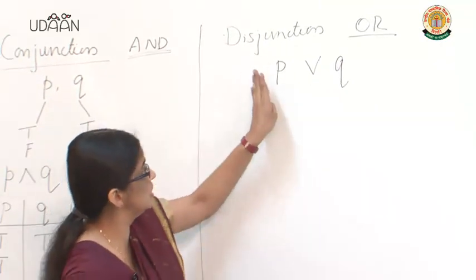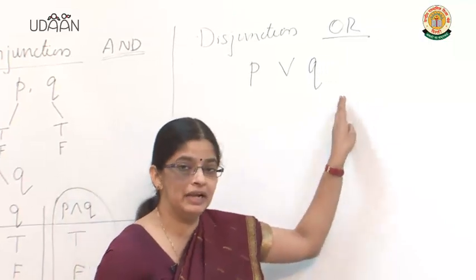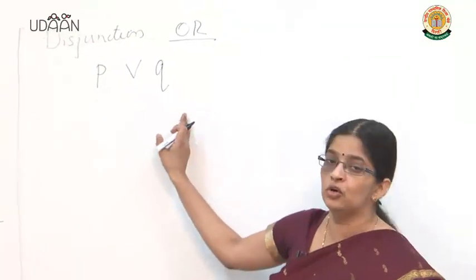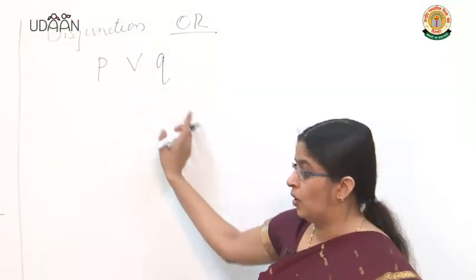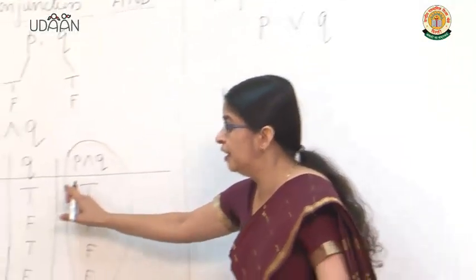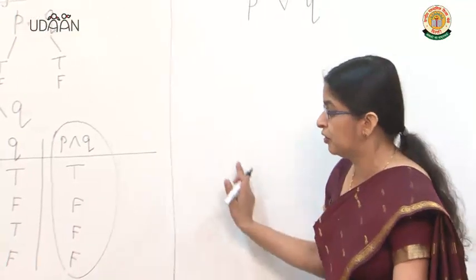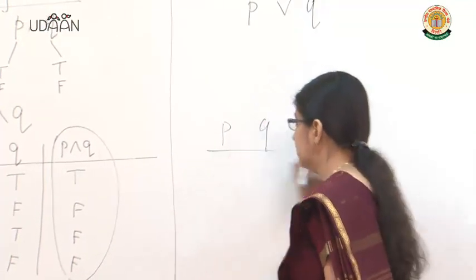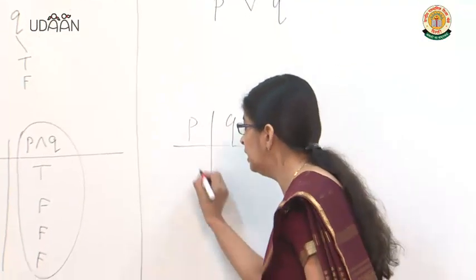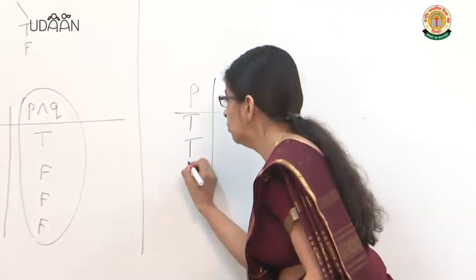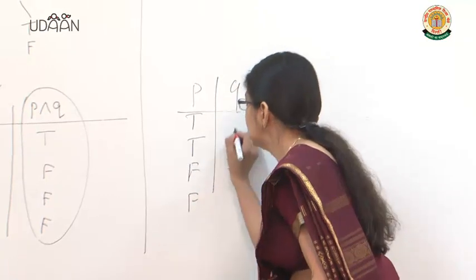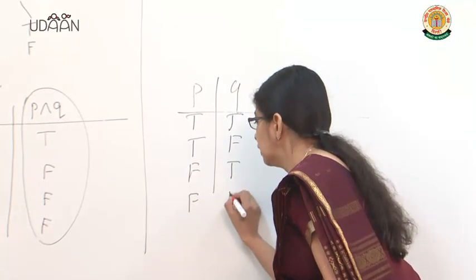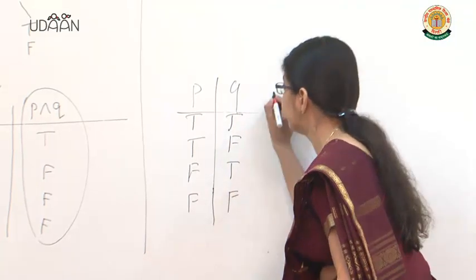The disjunction is the compound statement obtained by joining these two simple statements P and Q by the connective OR. Similarly, we will make the truth table for this. Again 4 rows are possible: true, true, false, false. Then for Q: true, false, true, false. All the 4 possibilities are there.